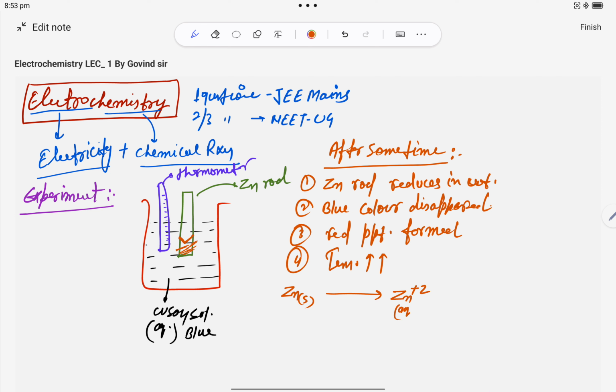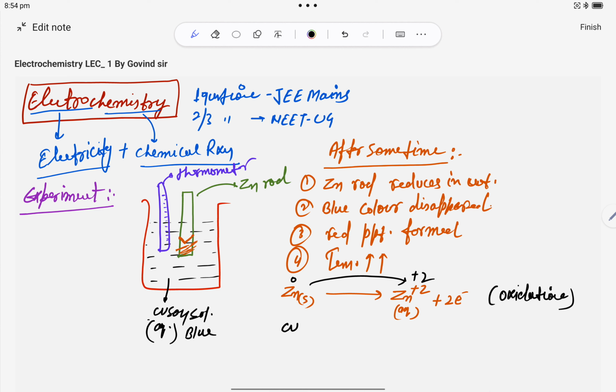Zinc ion came into the solution and released 2 electrons. Which process is it? Oxidation. Here oxidation number 0, here oxidation number +2, the oxidation number increases. Oxidation.